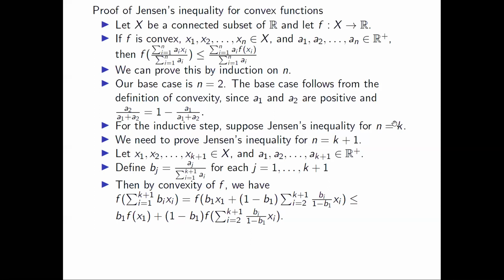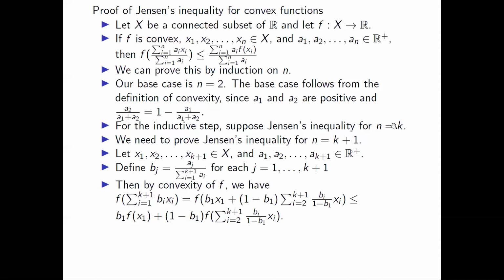So we start with the left side of Jensen's inequality, which is f of the sum from i equals 1 to n of ai xi over the sum from i equals 1 to n of ai. So this is what we see in the left side of the second bullet. And if we write that in terms of bi's, we can write that as f of the sum from i equals 1 to k plus 1 of bi xi, because in this case we're proving it for n equals k plus 1.